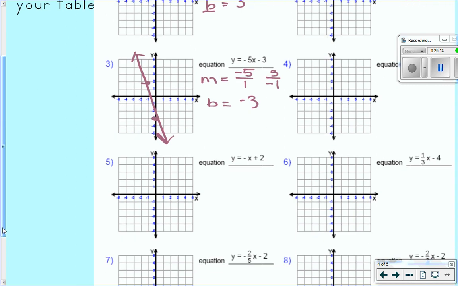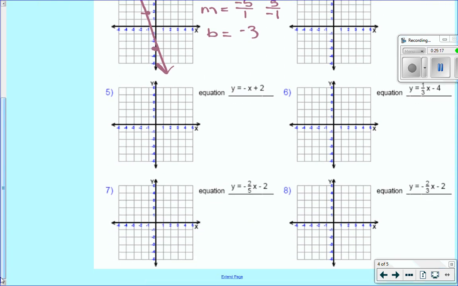All right, number 5. I see a -1, so you can have that or that. Both are correct. Our y-intercept is a +2. Let's go ahead and graph our y-intercept.